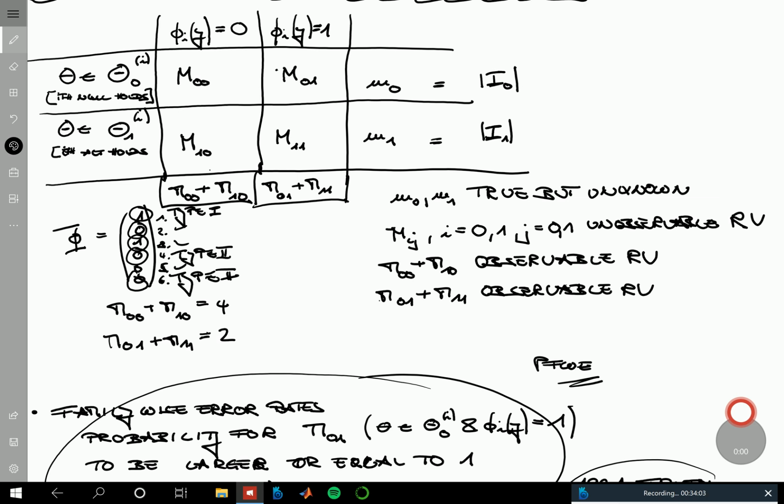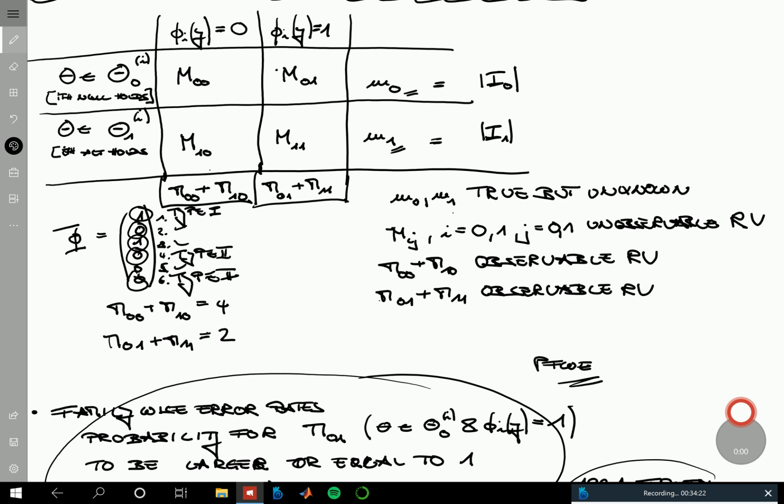So in theory and in simulations, you can of course assume that you know M0, but in real life you will not know M0. This M0 and this M1 are true but unknown, so in real life you don't know them. In theory, you can always assume that you know them.